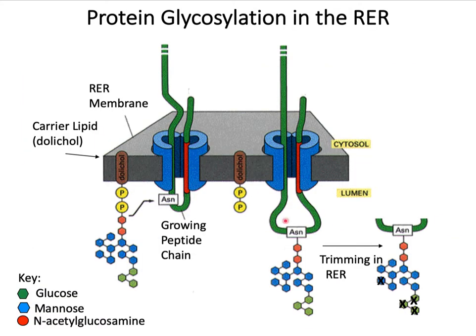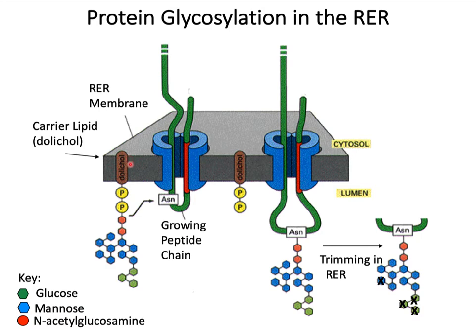So here is what the big picture looks like. You have a secretory protein being extruded into the lumen of the ER. Here is the asparagine residue, and that is the target for the N-glycosylation. Here you can see a very large oligosaccharide complex made up of glucose, mannose, and N-acetylglucosamine, lipid anchored with the dolichol phosphate right here.